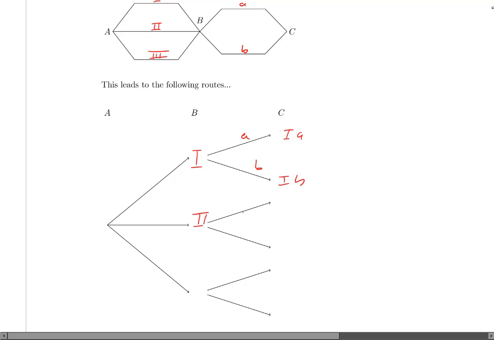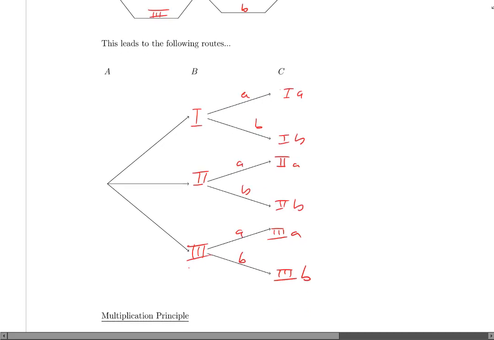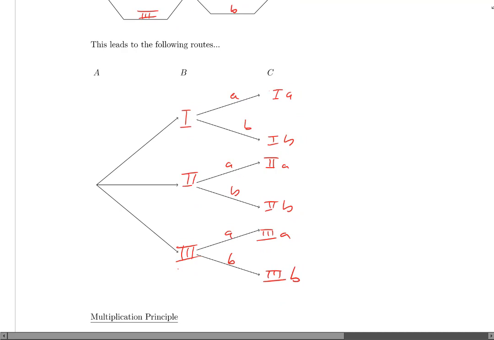And then you also have 2, and after that, A or B. So your routes could be 2A or 2B. Finally, route 3, A and B, and so this is route 3A and 3B. All in all, that is 6 routes.